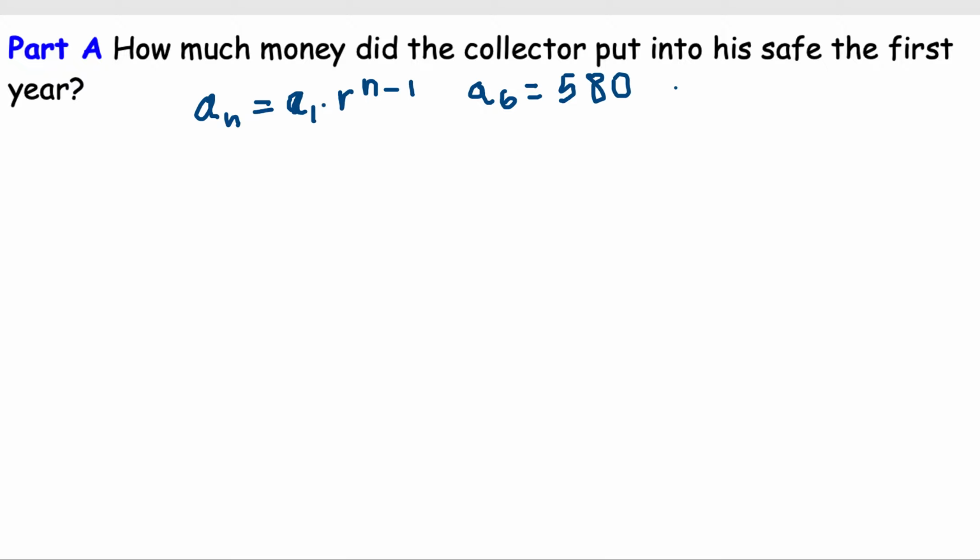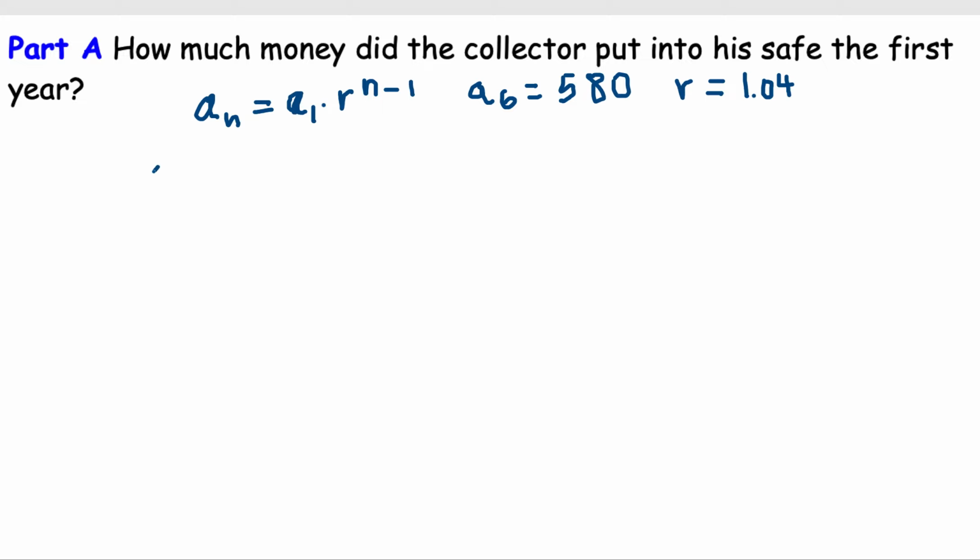And the rate is 4% more. It means 104% divided by 100, as a number, is 1.04. So the common ratio is 1.04.